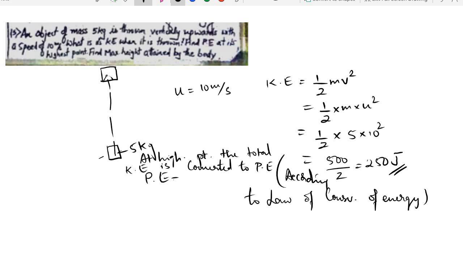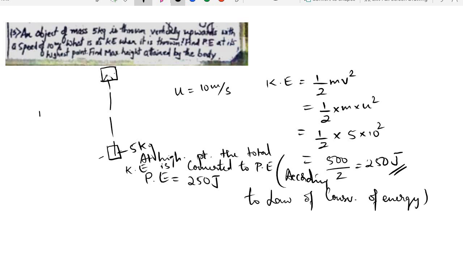So now potential energy would be 250 joules. There would be no kinetic energy since at the topmost point the body stops, there is no velocity, and the whole of the energy gets converted into potential energy. So the potential energy would be 250 joules.